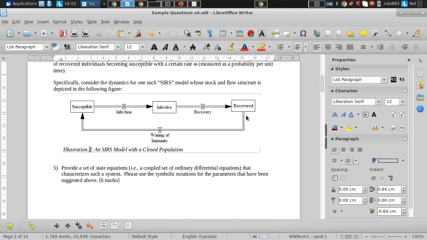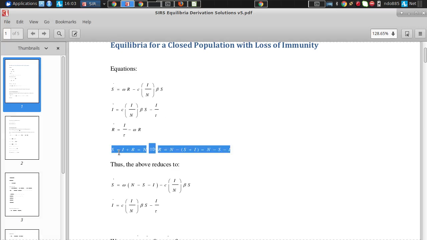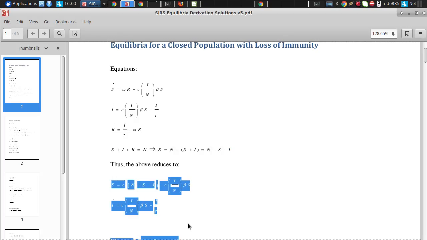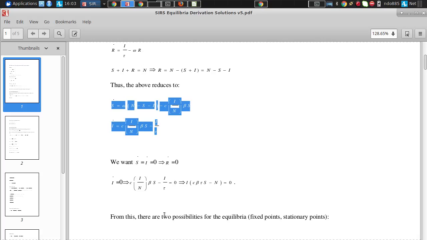N is some number, 1,000. And so if we know susceptibles is 400 and infectives is 100, then we know recovered has to be the balance, 1,000 minus 400 minus 100, or 500 remaining. So we only have to deal with two of these, and then the fun begins.